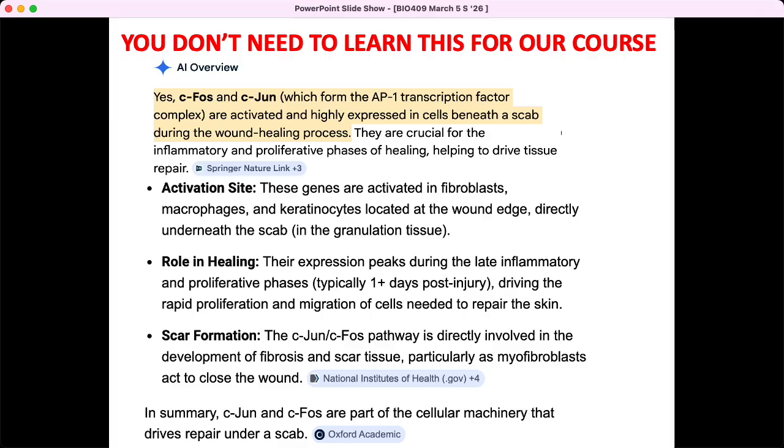Blood cells, white blood cells, and this is not a course in immunology, but those guys show up and they get active and they start to divide. They start to increase their population to fight the infection. So yeah, and there's overlap. JUN and FOS get activated in other cells, but when we think of it, and again, we don't have to think of it, we'd be like, oh, right.